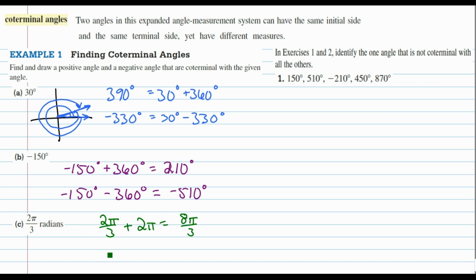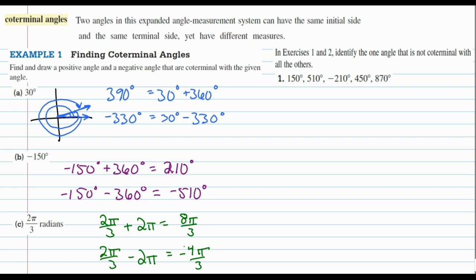Then if I wanted a negative version, I would take 2 pi over 3 and subtract 2 pi radians. So 2 pi over 3 minus 6 pi over 3 is negative 4 pi over 3 radians.